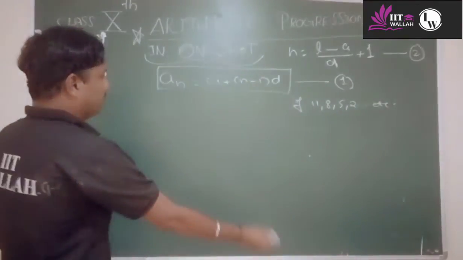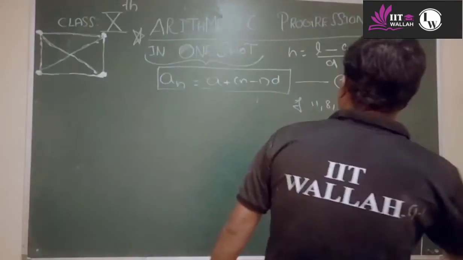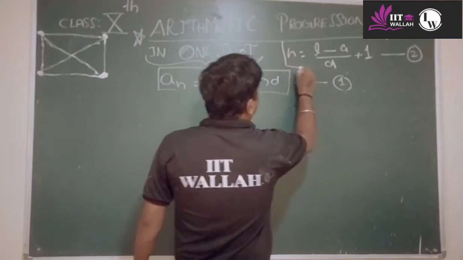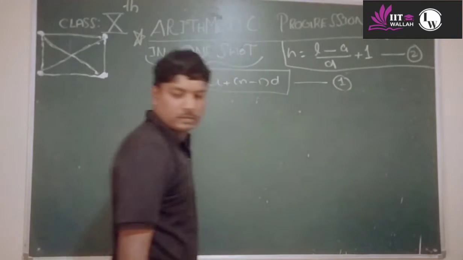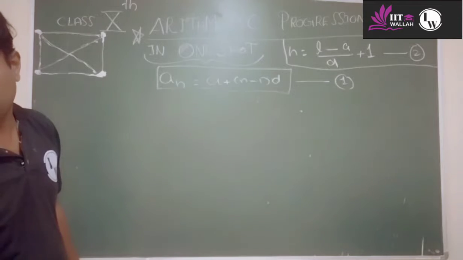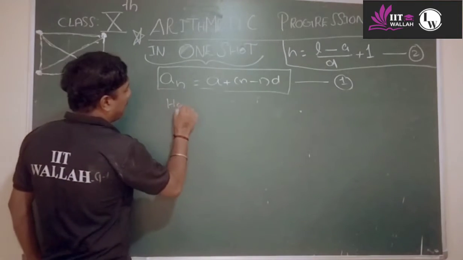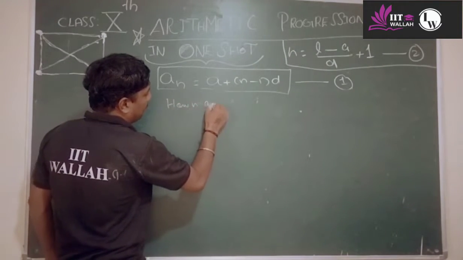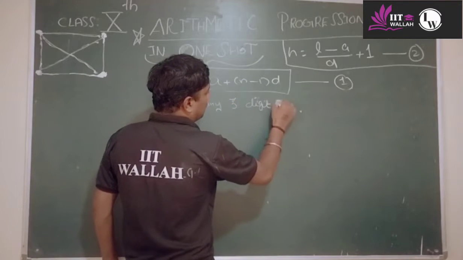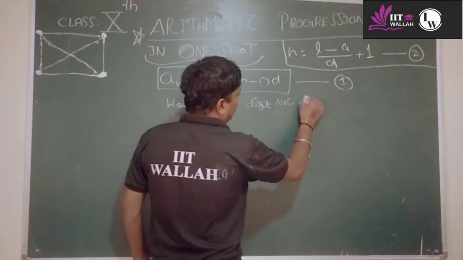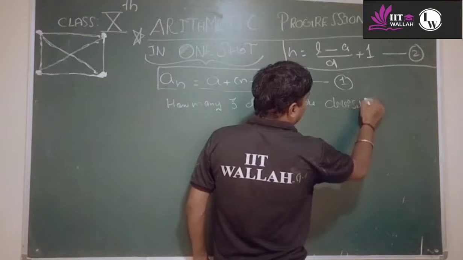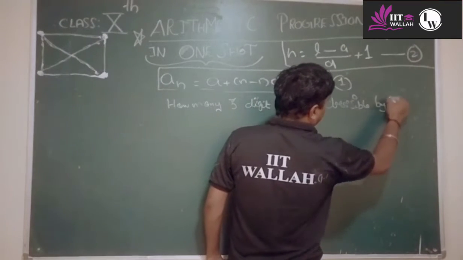So next question is: how many 3-digit numbers are divisible by 7?